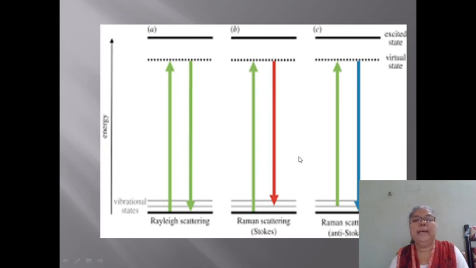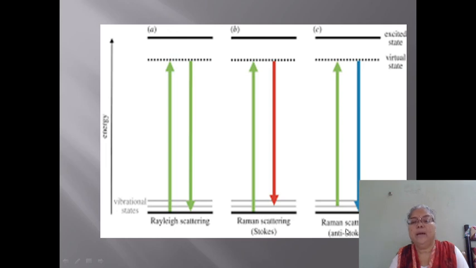This is the diagrammatic representation of Rayleigh lines, the same frequency as that of absorbed and scattered. Here less frequency, that means the absorbed radiation has greater frequency than scattered. These lines are Stokes lines, and here the frequency is greater than the incident radiation.